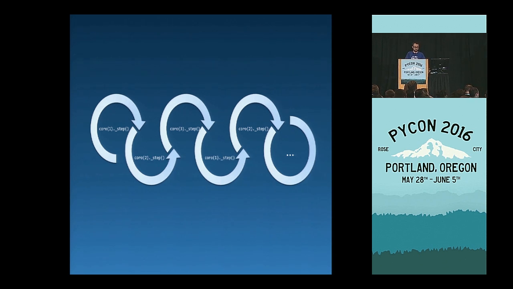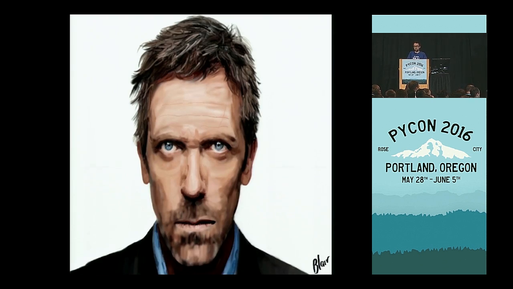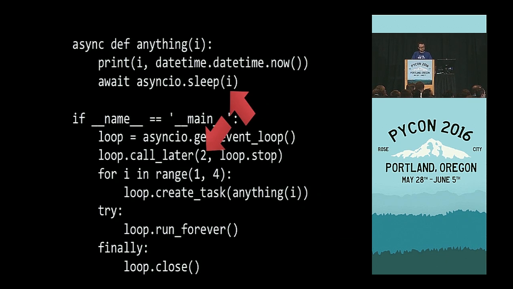But everybody lies, and I did lie to you too. There is one single thing that we forgot to do in our primitive example. Specifically, when I said, please call later, after 2 seconds, just stop the loop or whatnot, there's a little conflict between the coroutines that are already scheduled to be executed that are going to take more than 2 seconds, and our will to just stop the loop after 2 seconds.